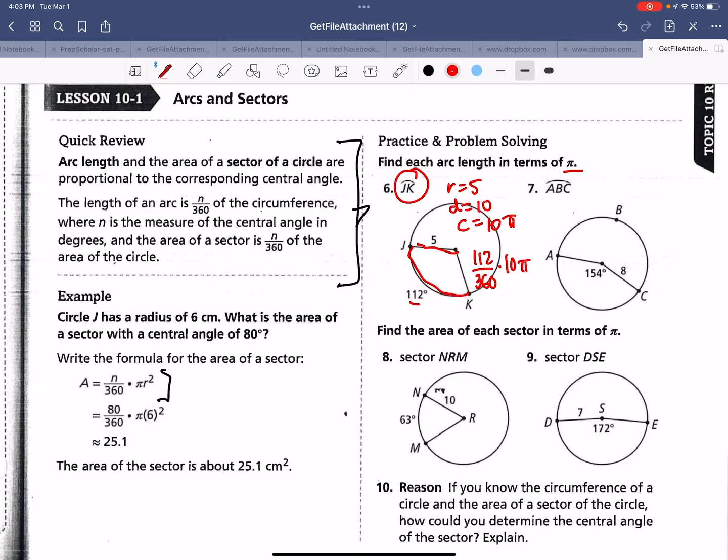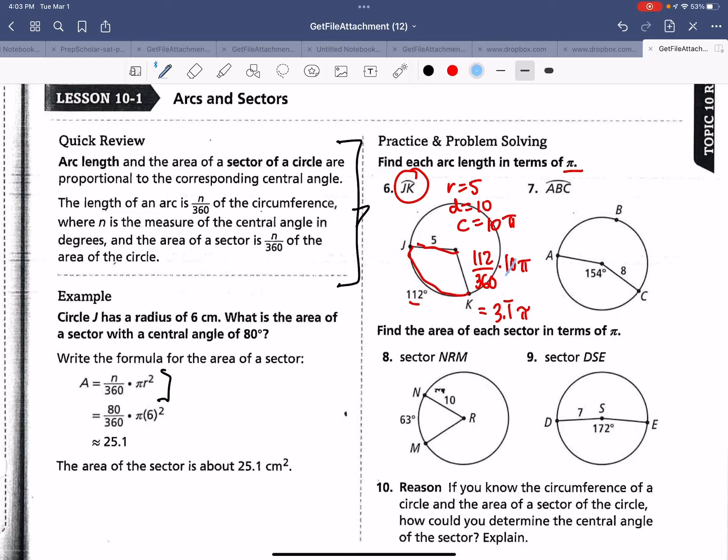Then the rest of the problem here, I just have to make this look a little bit cleaner. So I could leave my answer, 112 divided by 360 times 10. It looks like I get 31.1 pi. Probably not the best way to leave my answer.